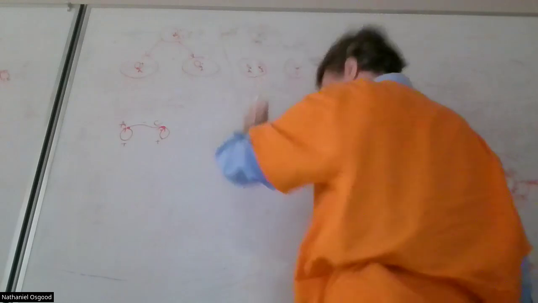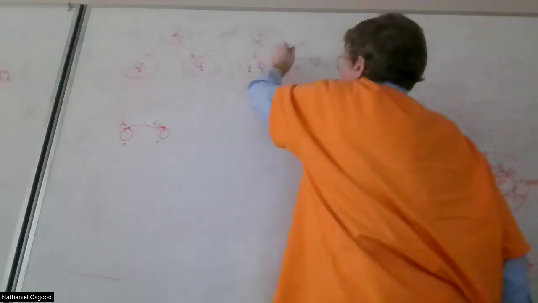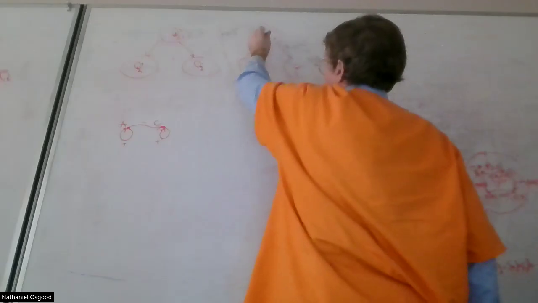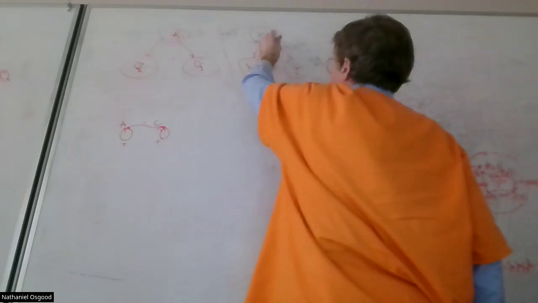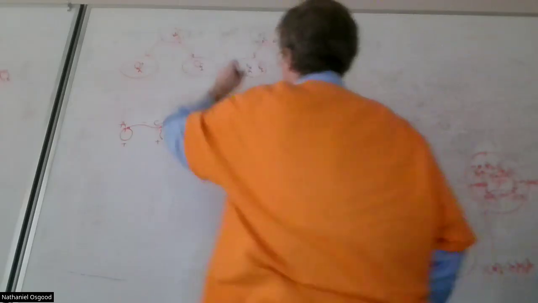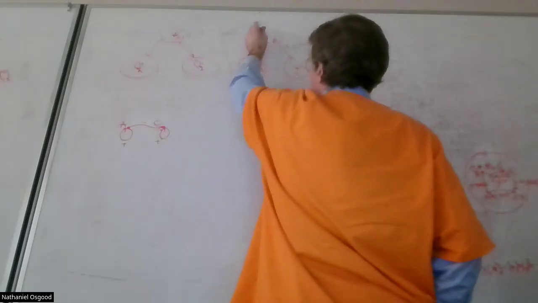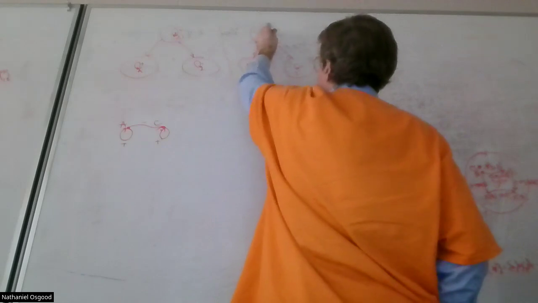Well, two variables. And what would they be? What might we name them? A1 and B1. And this one is going to be a plus. This one is going to be a plus.